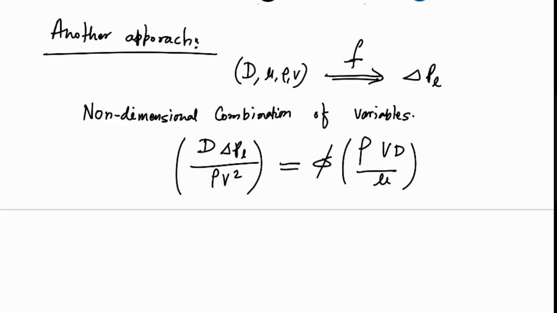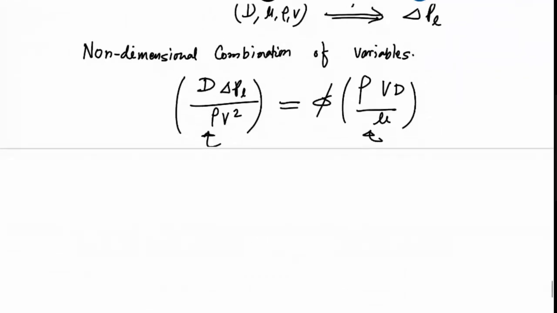So what we have done, we have 5 variables, we reduced our problem using dimensional analysis to 2 variables, and this is the first variable, this is the second variable. These 2 variables are also called dimensional groups.